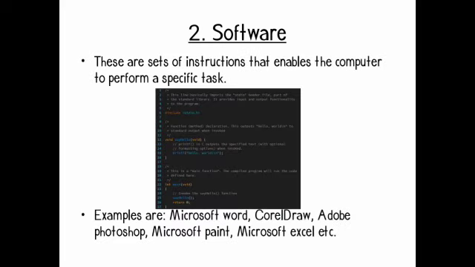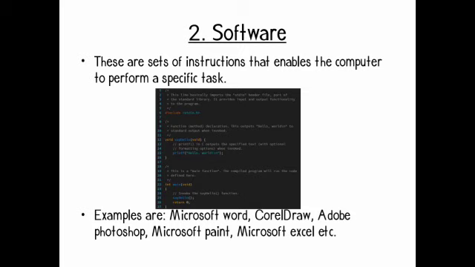A software. What is software? Software are those sets of instructions that enable the computer system to perform a specific task. And when you look at the note, you can see me displaying sets of instructions there.